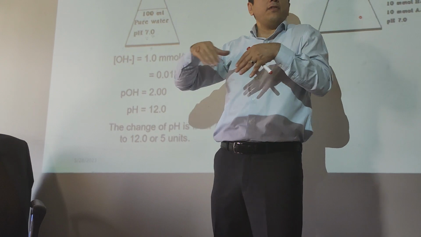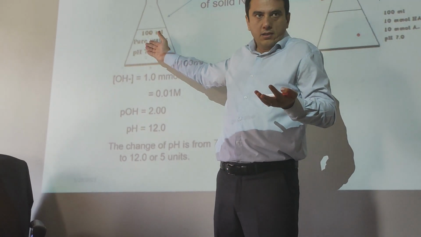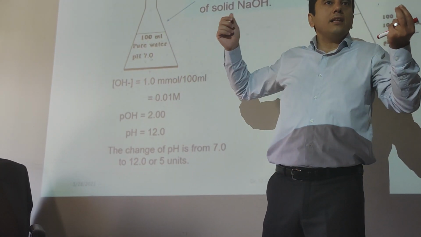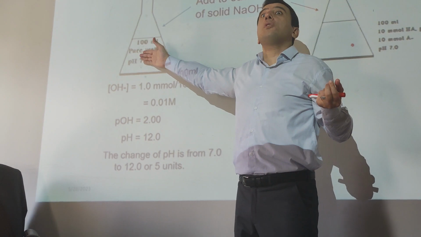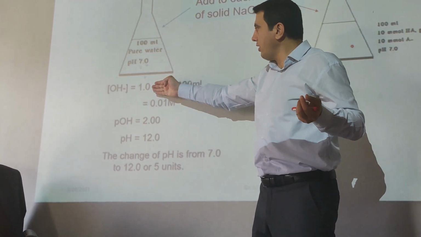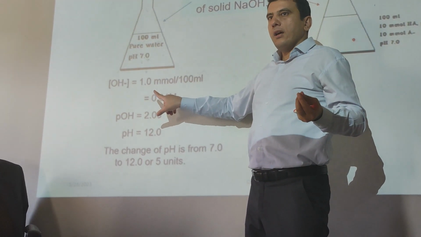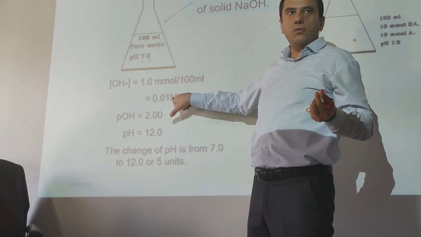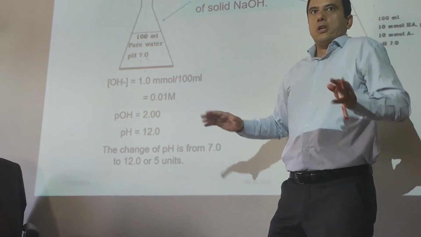We don't have any extra NaOH in our bottle, so the only molecule that we have in pure water is NaOH. So we have 0.01 mole of NaOH in this water.